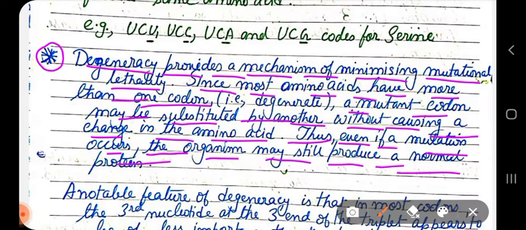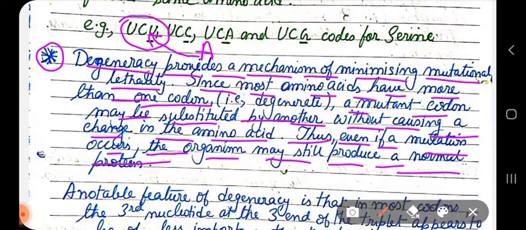Mutation can occur. It can also lead to frame shift mutation. Suppose you see the UCU, and suppose the third position is replaced by A. Suppose a mutation occurs, but still it will code for the same amino acid, since UCU, UCC, UCA and UCG, all these codons show complete degeneracy, because any of the nucleotides occupying the third base of this codon will code for the same amino acid.